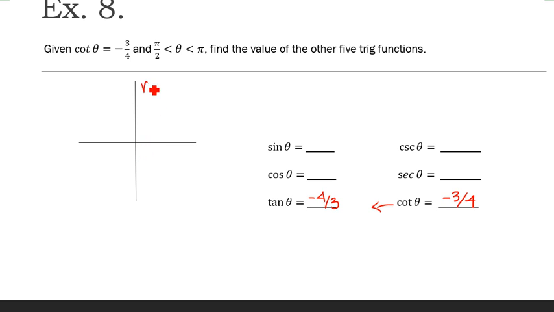Where is cotangent negative? Well, let's see. All Stars Take Caution. Cotangent is negative here, and it's negative down here, because only tangent plus cotangent are positive in this corner. So I know it's not going to happen here.